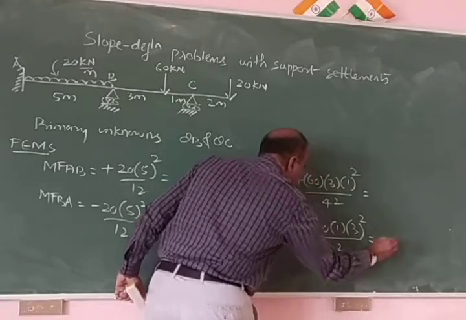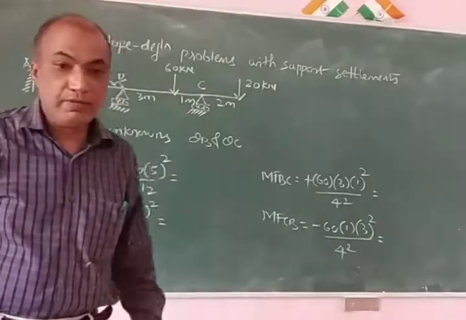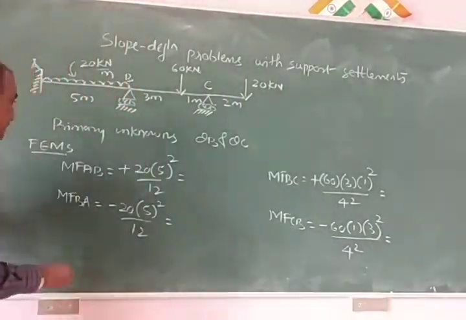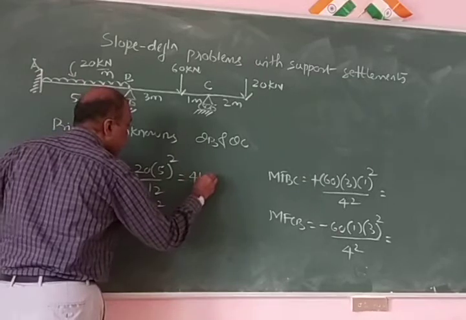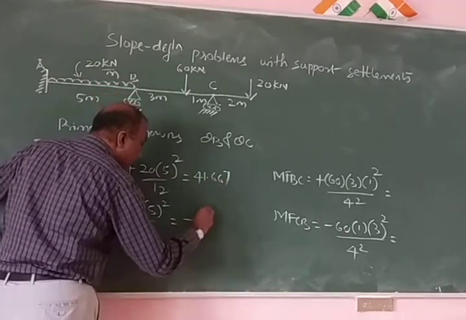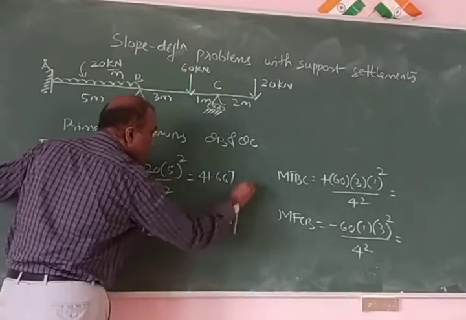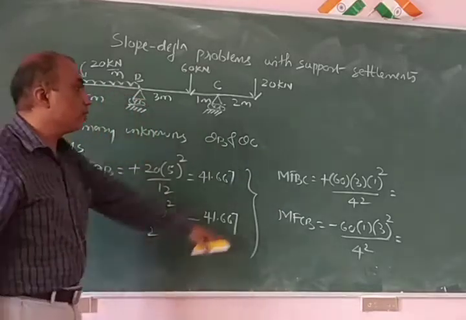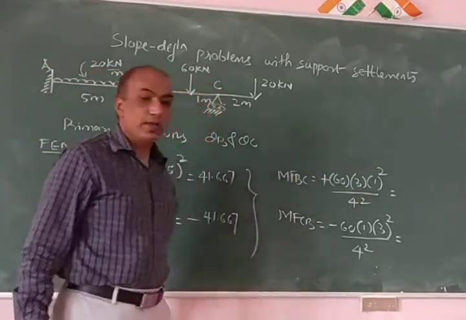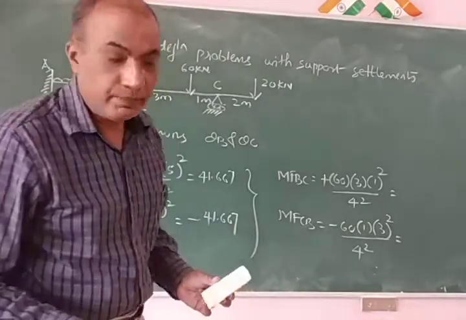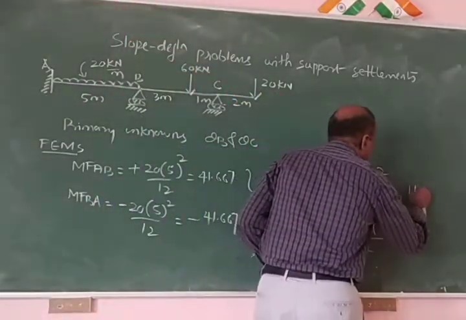So let us find out. I have already found out the values. MFAB is equal to 41.667. This is minus 41.667. You can do the calculation. MFBC is equal to plus W A B square upon L square. The value is already found out, 11.25.